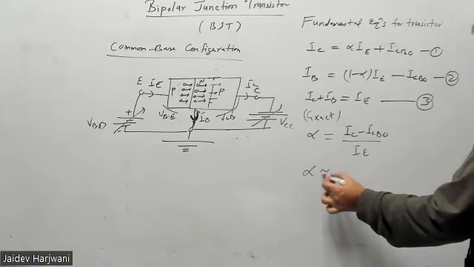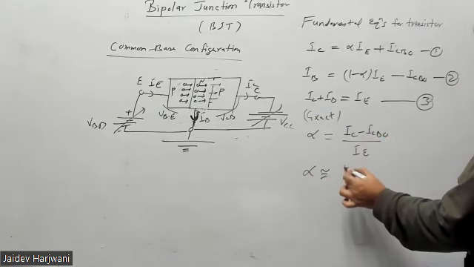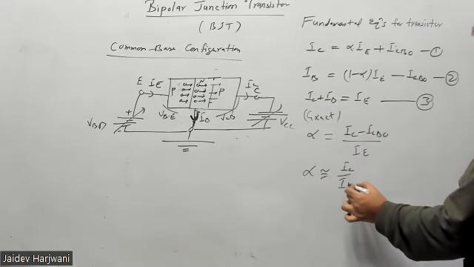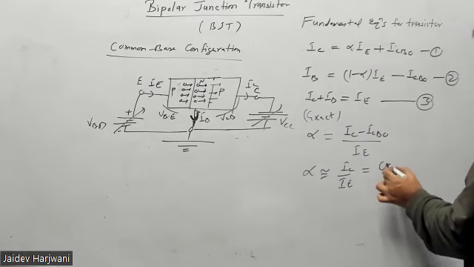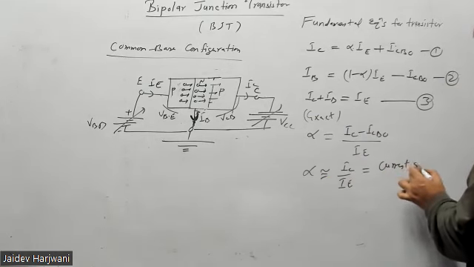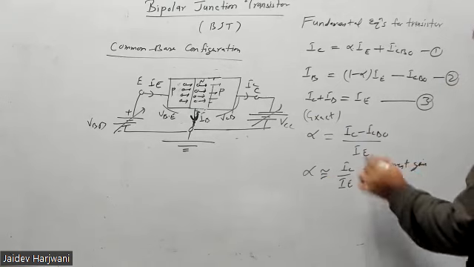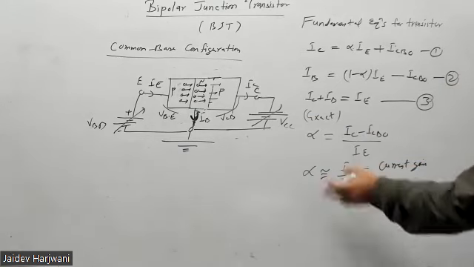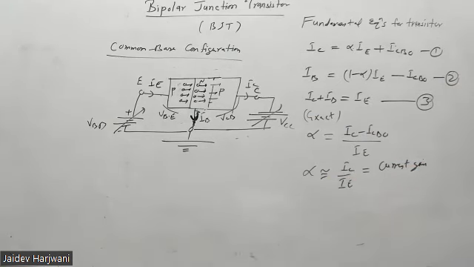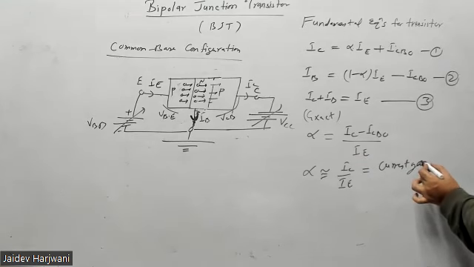So generally we write approximately, I neglect it, I write IC upon IE. And this is the current gain. Actually, it's not quite current gain. The current is slightly reduced, the ratio is almost equal to 1. Generally 0.82, 0.99, depending on the question and the design of the circuit.